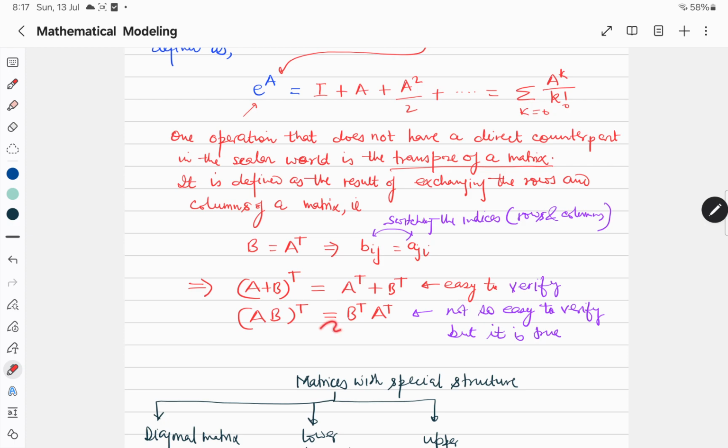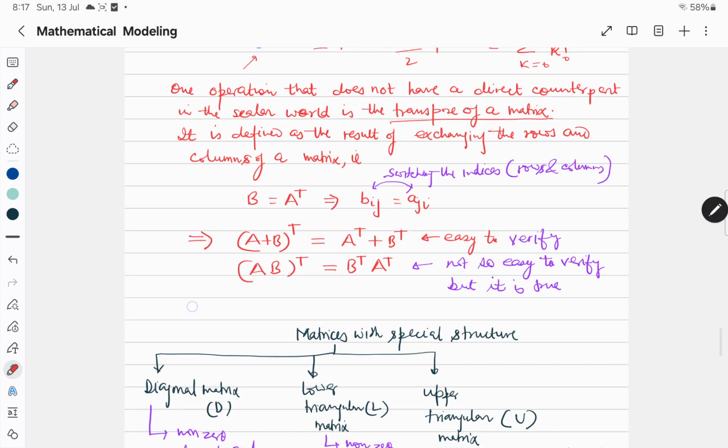So B is equal to A transpose. For addition, (A plus B) transpose is equal to A transpose plus B transpose. This is easy to verify. What is not so easy to verify, but is true, is that the transpose of the product, (AB) transpose, is not A transpose B transpose, but in the reverse order, B transpose A transpose.